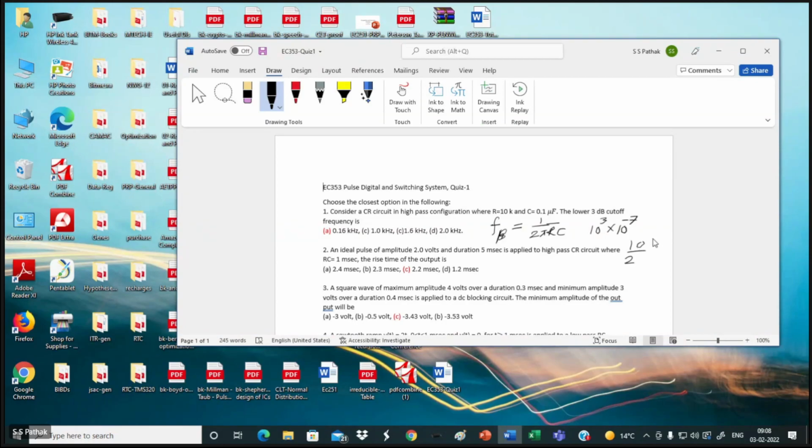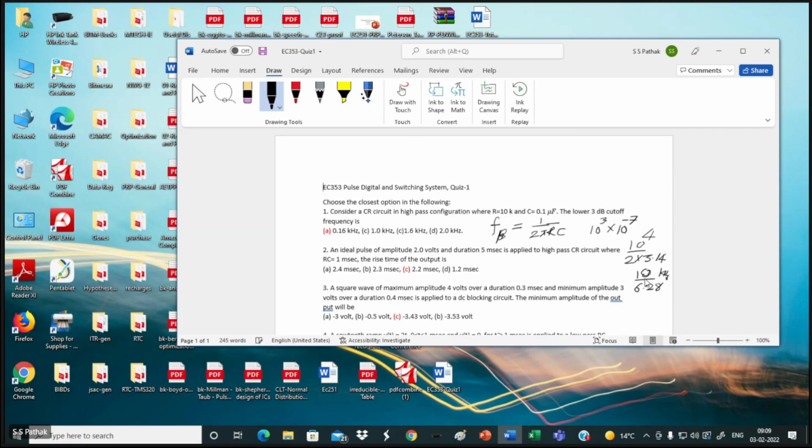Anyway, let us see. It becomes 10 to the power 4 by 2 pi, 3.14, 6.28, 10 to the power 4. That means 10 divided by 6.28 kilohertz. So I think the model answer was wrong that way.